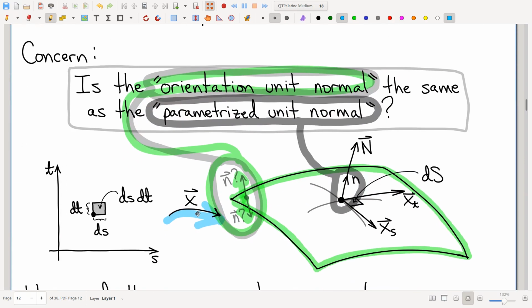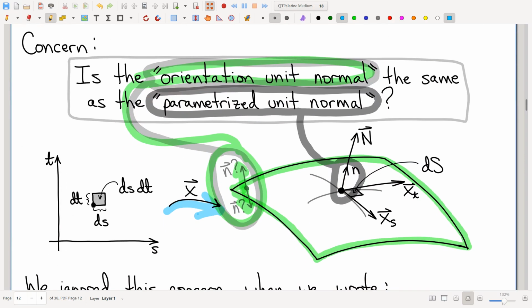So this, in fact, tends to be the way it works. When you write down a parameterization, you write it down with other interests in mind. Of course, that's going to imply partial vectors. It's going to, therefore, imply a capital N vector, which will imply what we've called the parameterized unit normal.